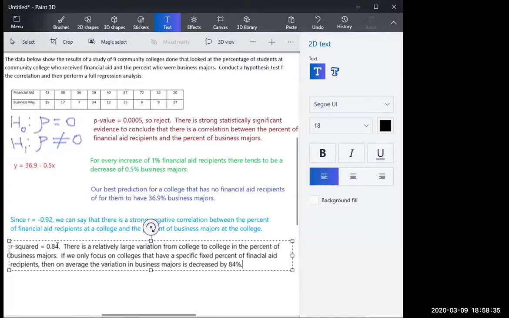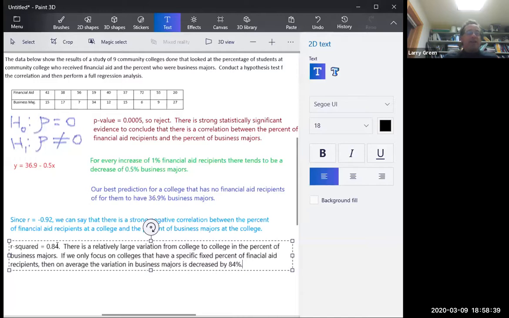Right. So that R squared as a percent is how much the variation on average decreases if you focus on only those with a fixed value of X. And that's always true in every example.